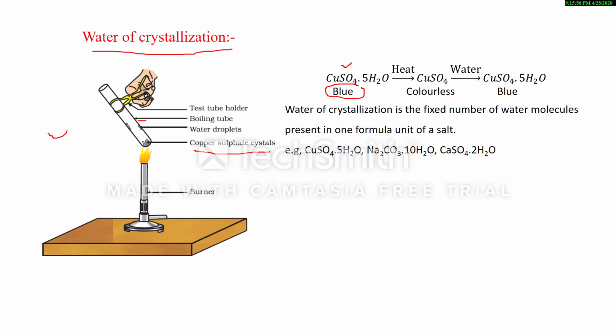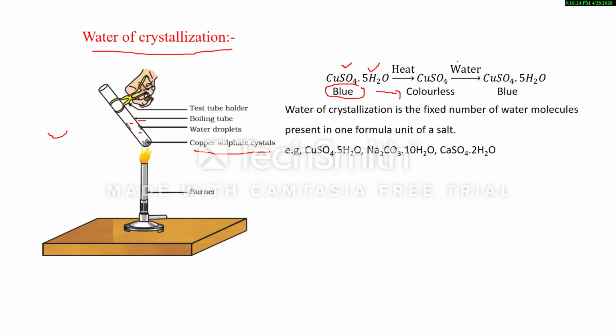When we heat it, you will observe some water droplets at the walls of the test tube. From where did these water droplets come? When we heat it, the blue color changes into colorless, and the water associated with the blue colored copper sulfate comes out in the form of these drops.